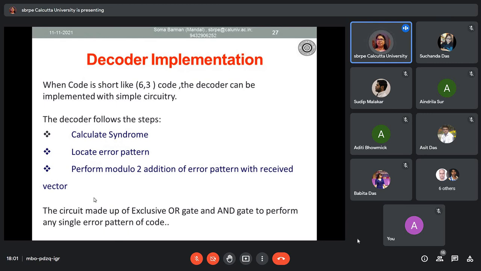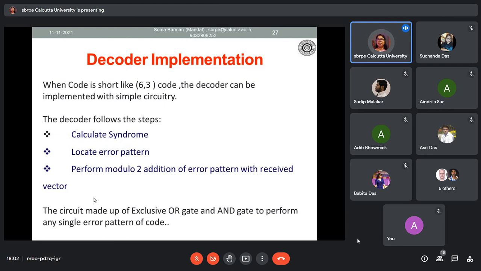You can design the decoder hardware based or software based. If it is software based, you have to generate an algorithm. In the algorithm, you first calculate the syndrome, then locate the error pattern, then do a linear addition of the received vector with the error pattern, and you can easily correct the error.